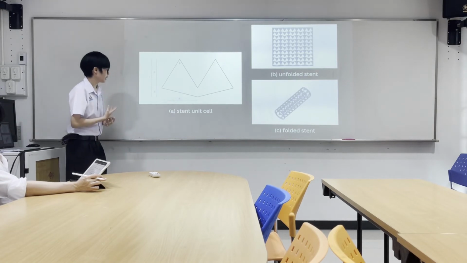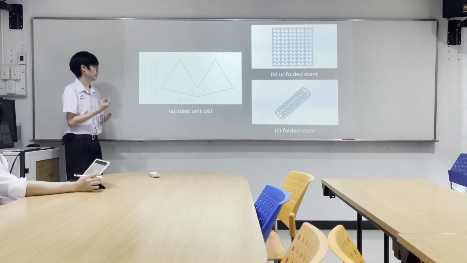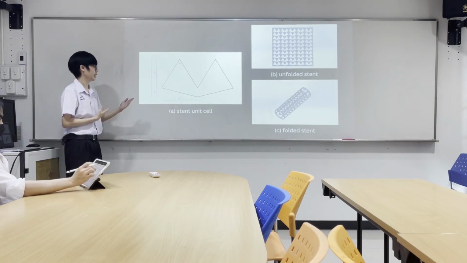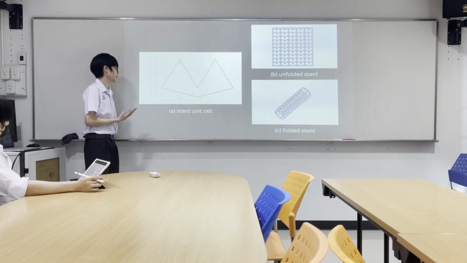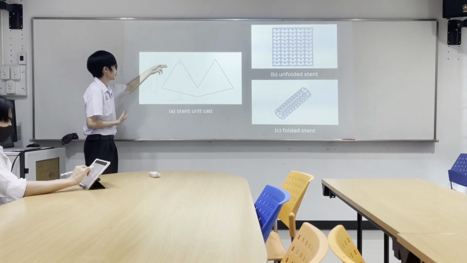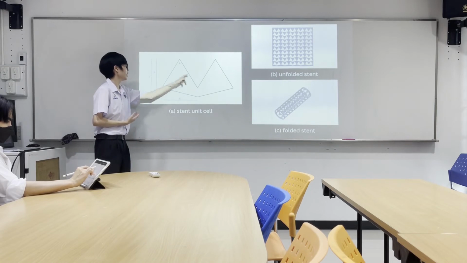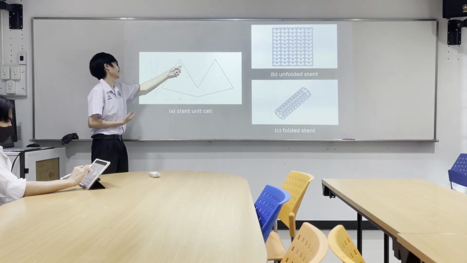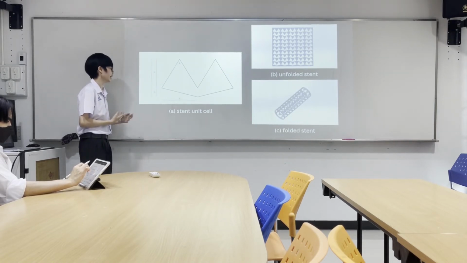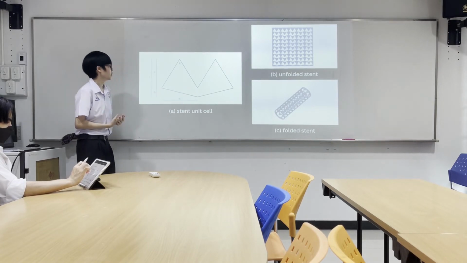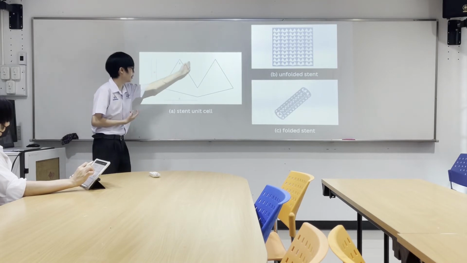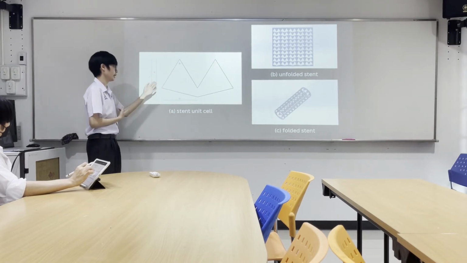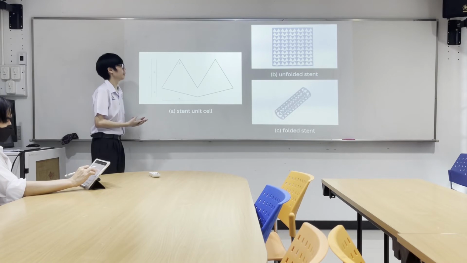So as Peerapat said earlier, we just used imagination to design our stent. In the design, we use the equilateral triangle right here, where the angle will be 60 degrees, and the right angle triangle right here. So if we combine the half parts together, we get a heart-shaped stent unit cell.